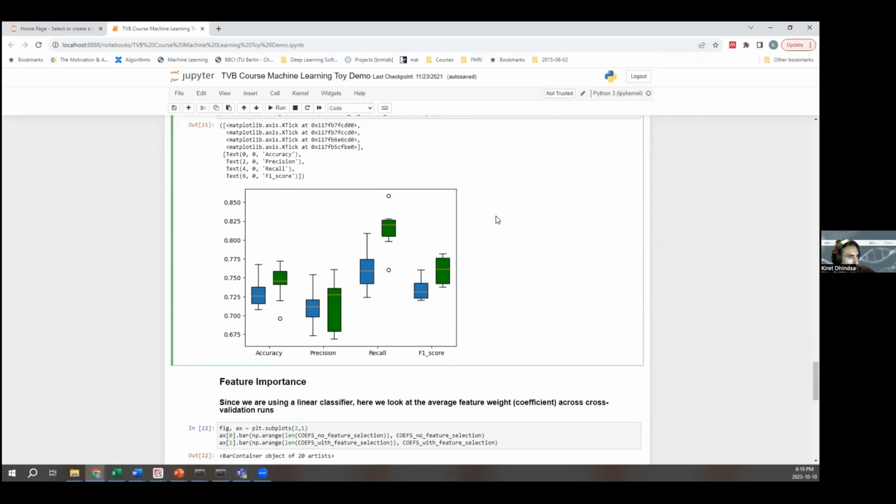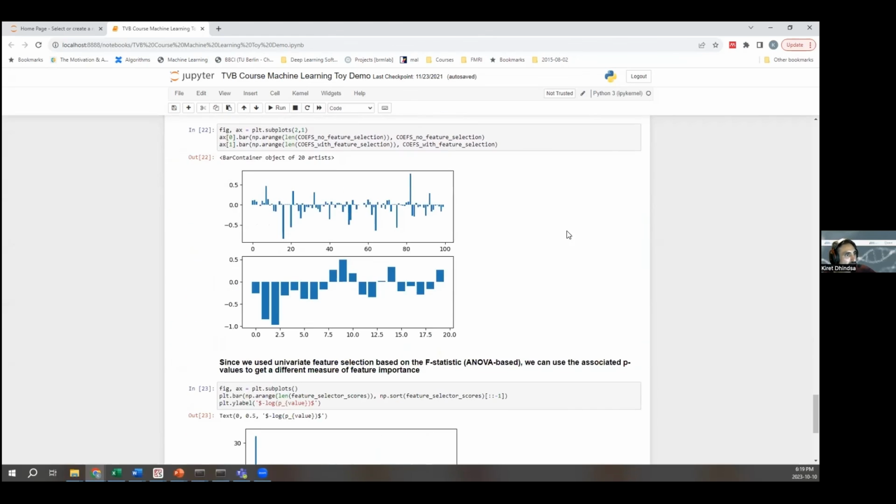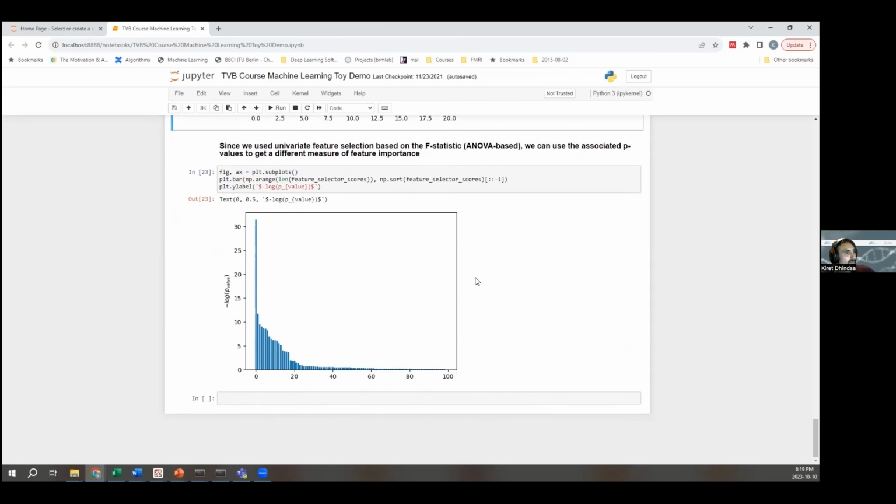This is a fairly easy classification problem, so you don't get something too crazy. But you can play around with the data generation and see how things get influenced and how these start to change and move around. And then finally, we can look at feature importance across the whole model, across both models, and finally that feature selector importance.